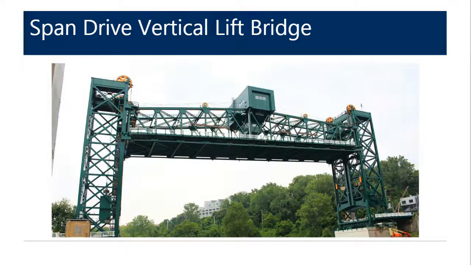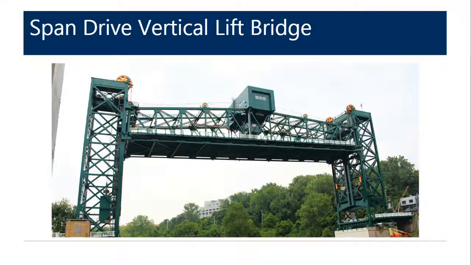The span balance analysis of a span drive vertical lift bridge, as is the bridge that is shown here, relies on calculating the force in the operating ropes to raise and lower the span. The force is measured via strain gauges instrumented on the machinery shaft that drives the operating rope drums.